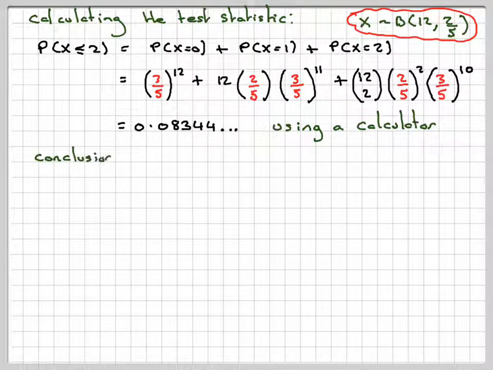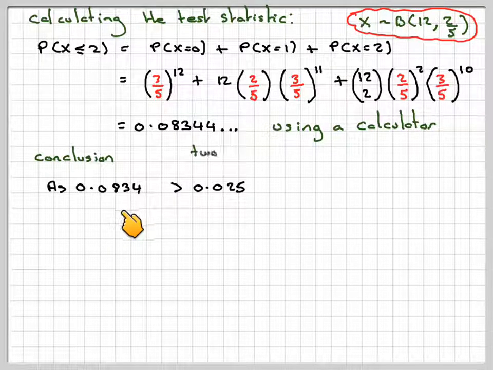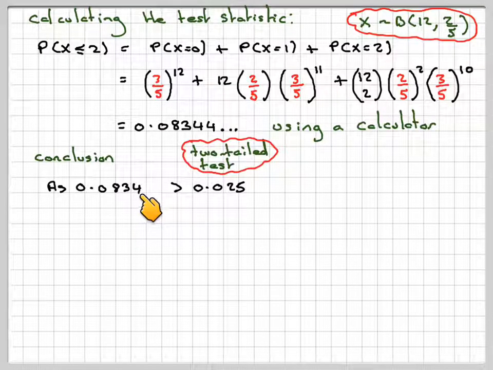And now I must make a conclusion. Well, as 0.0834 is greater than 0.025. Why did I use 0.025? Because it was a 5% test. Okay, so because it's two-tailed, you're considering both extremes, and therefore one extreme will just be half of 5%, which is 2.5%, which as a decimal is 0.025.